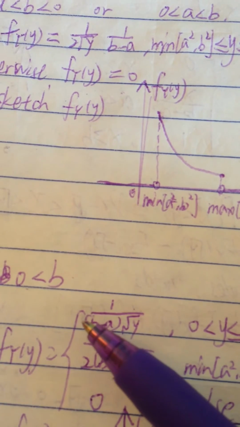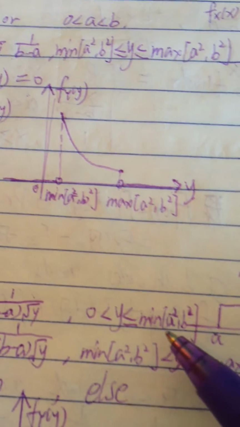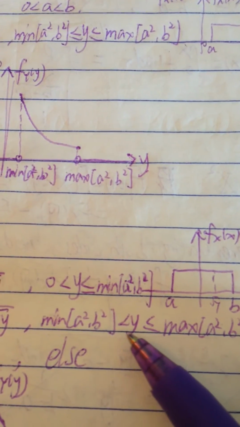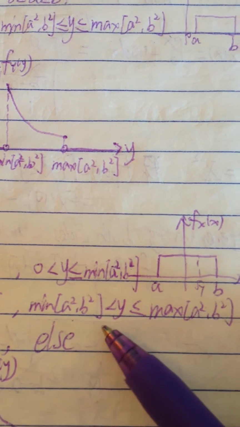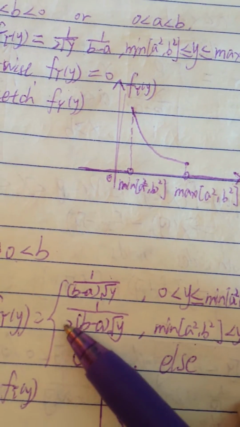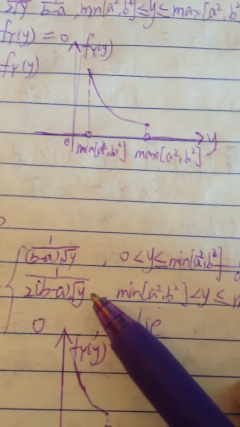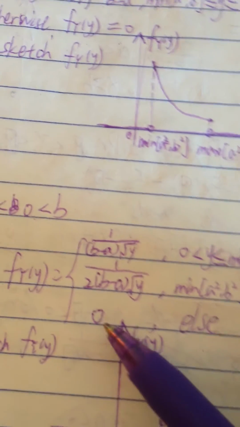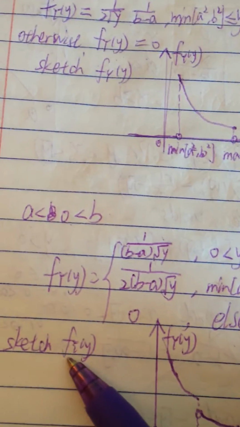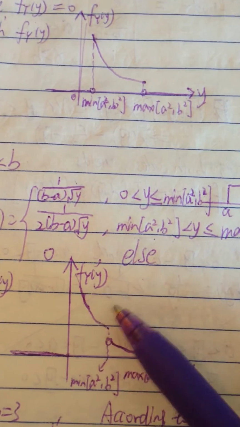So the answer will be 1 over b minus a times square root y. And when y is greater than the minimum of a squared and b squared and no greater than the maximum of a squared and b squared, the answer will be half of that, so 1 over 2 times square root y times b minus a. Else it is still equal to 0. So we can sketch f of y under this situation. It's just like this.